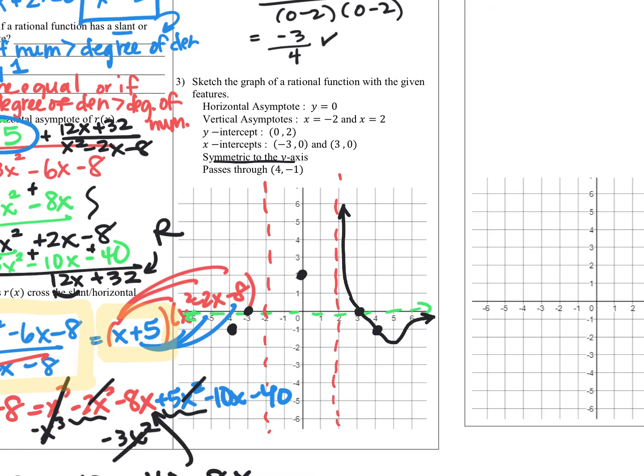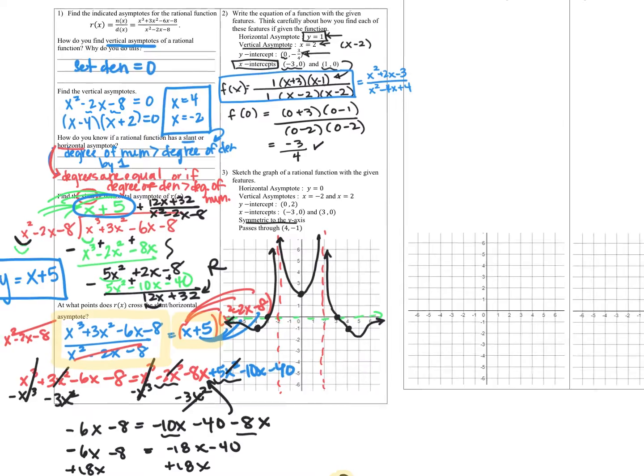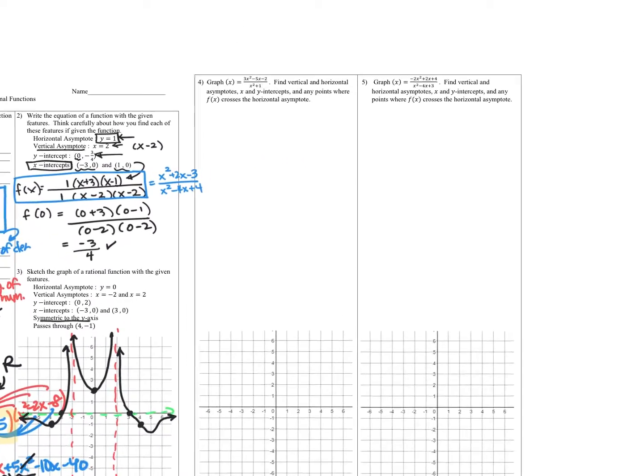It's going to look the same on both sides, going up vertically and going up to the y equals 0 line. I don't have any x-intercepts in here, so this graph is going to have to go up, and it's symmetric, so it's going to look the same on both sides. So there's a sketch of that. That's one possible answer. There might be some others, but that's what I came up with.